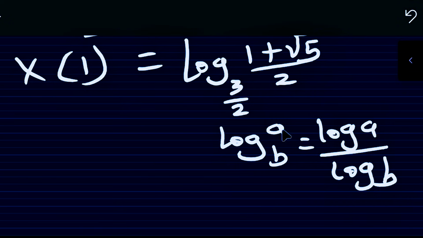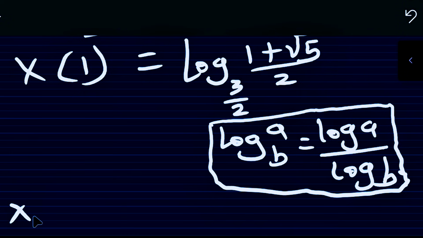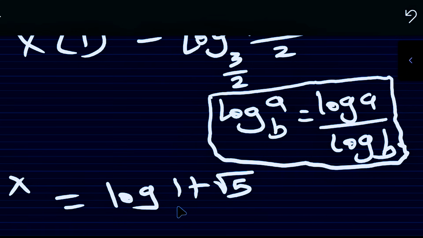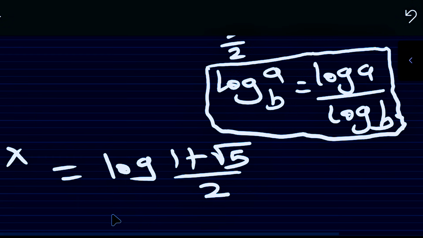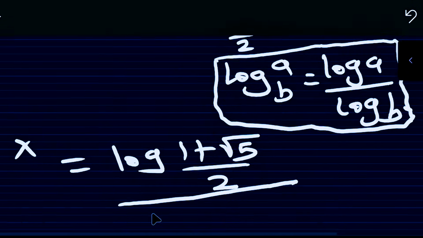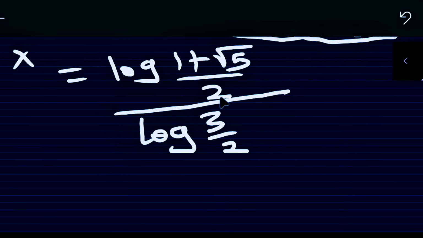If we apply this log rule in this right hand side, we are going to have that x will be equal to log of (1 plus square root of 5 divided by 2), then everything will be divided by log of 3 divided by 2.